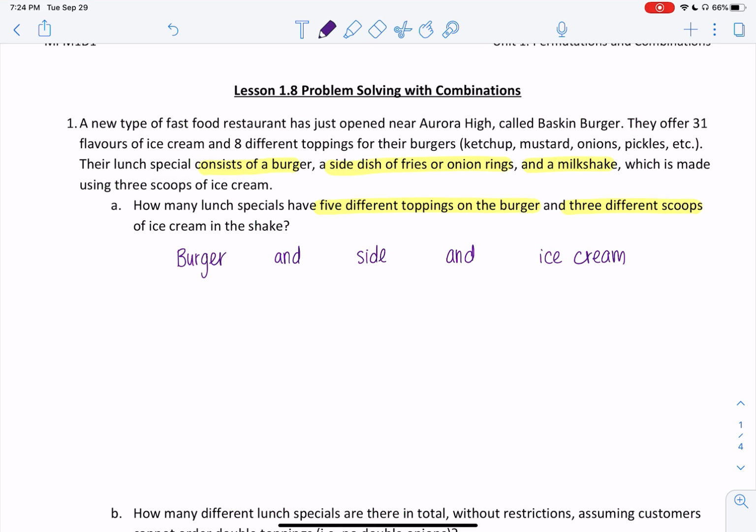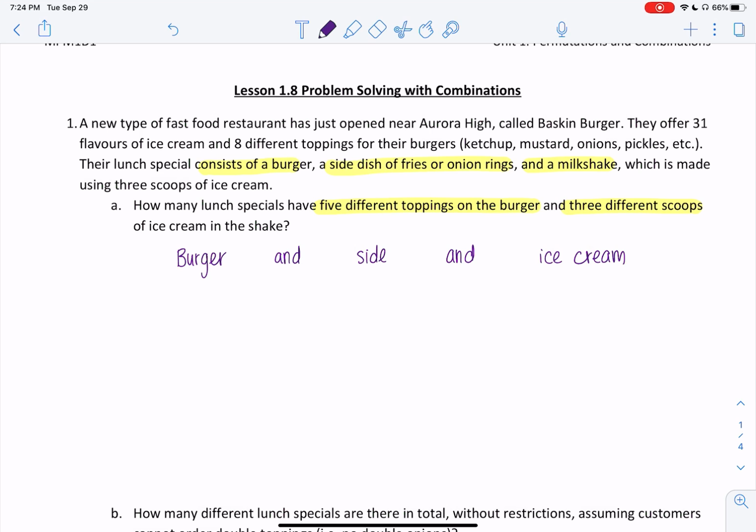So first, our burger. Our burger has 8 possible toppings, and in this example, we're looking for lunch specials that have 5 toppings. Now I want to start thinking, does order matter for these toppings? And in this case, it doesn't. It doesn't matter if I have ketchup, mustard, or onions, or mustard, onions, and ketchup.